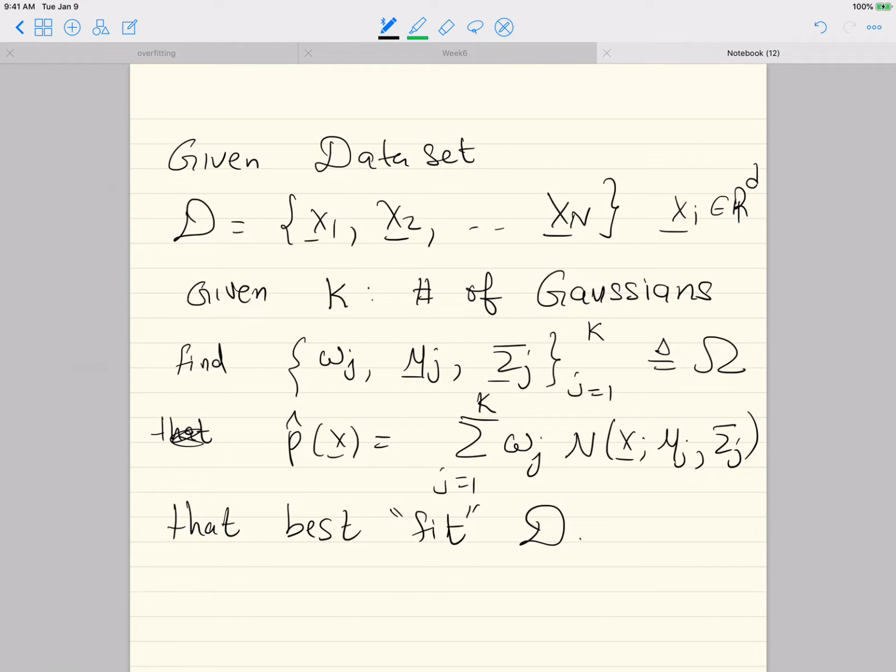All I have access to is my training set, these n points. And I want to choose the parameters that are the best fit for the data set. This is the question we are interested in. Okay? Any idea what the best fit should be?